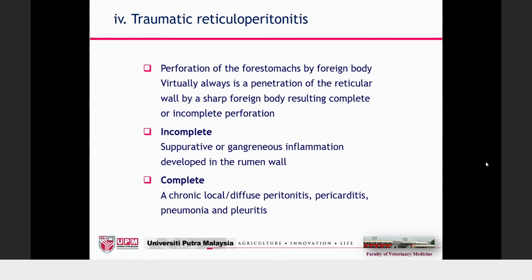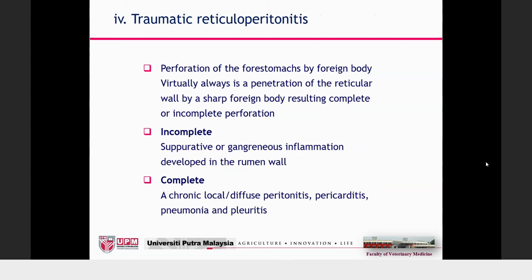And that can lead to death of the animal because they lead to suppurative or gangrenous inflammation developed in the rumen wall. And they can even cause very severe diffuse peritonitis, pericarditis, pneumonia, and pleuritis. If it is due to a foreign object like nails, when it's metal, usually what people do in terms of prevention, they feed the animals, the ruminants, a magnetic bar.